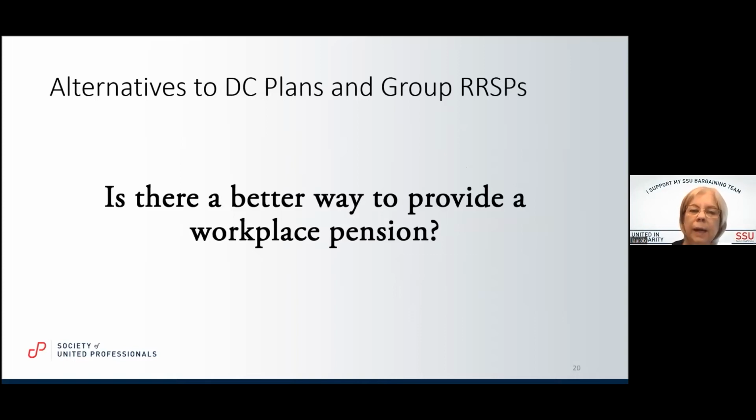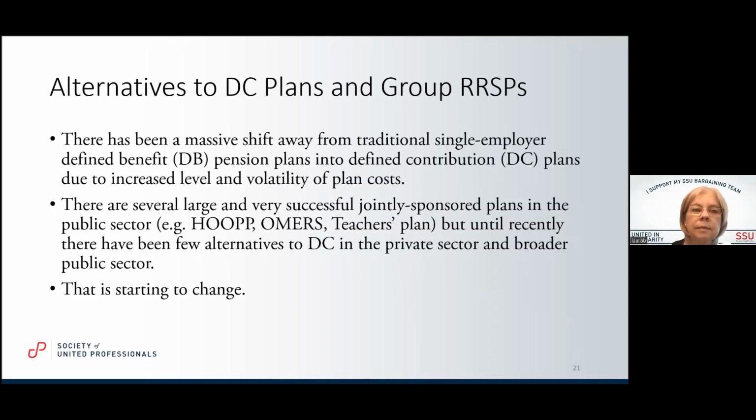Is there a better way to provide a workplace pension, a better way than defined contribution plans or group RSPs? I think the answer to that is yes. There has been a massive shift away from traditional single employer defined benefit pension plans into defined contribution plans due to the increased level and volatility of defined benefit plan costs.